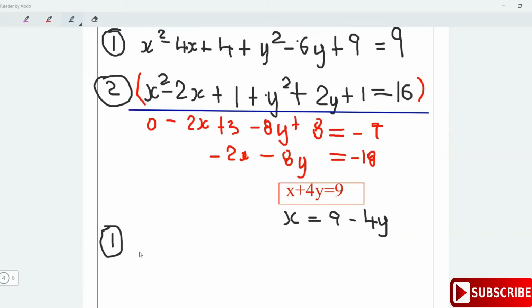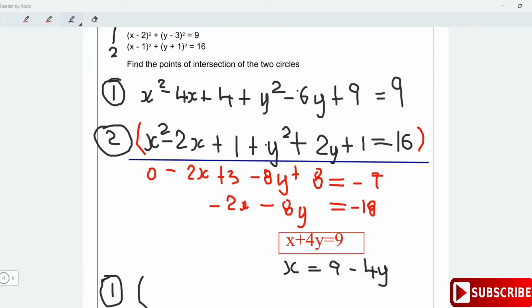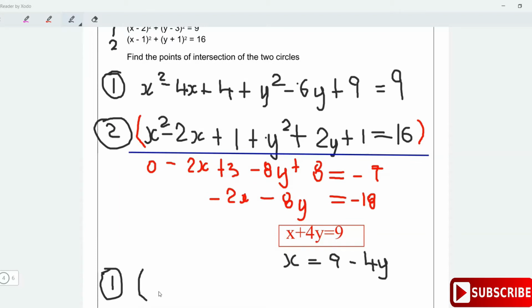If we plug it in equation 1, what we're going to be getting is x minus 2 squared. So it's going to be x, replace x with 9 minus 4y minus 2, all squared, plus y minus 3 all squared, and this is equal to 9.